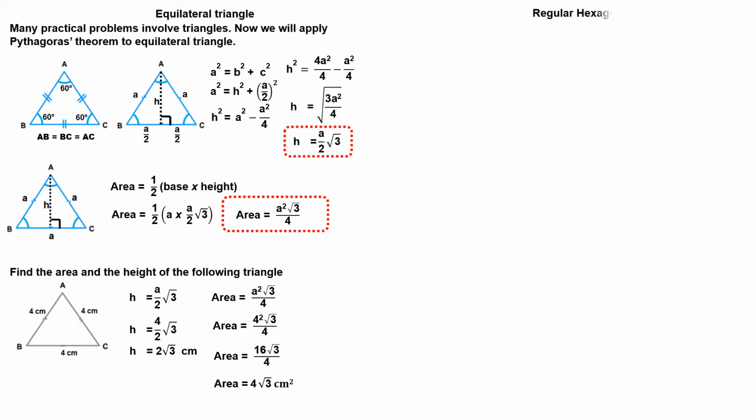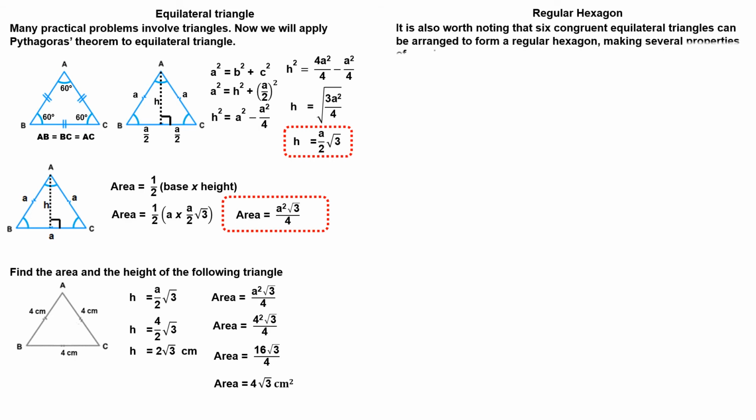Regular hexagon. It is also worth noting that 6 congruent equilateral triangles can be arranged to form a regular hexagon, making several properties of regular hexagons easily discoverable as well.